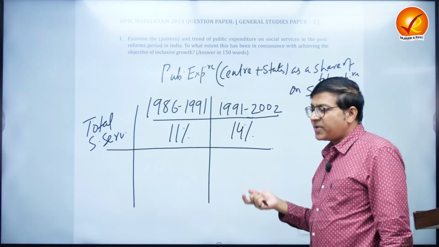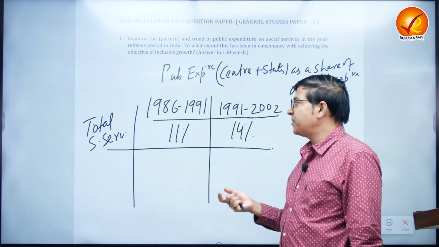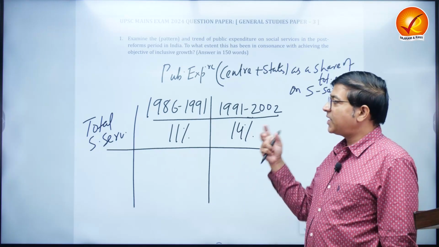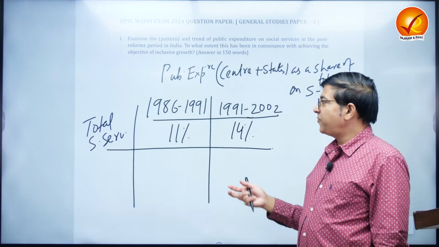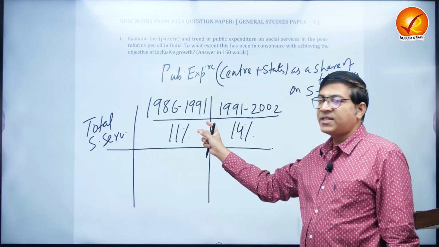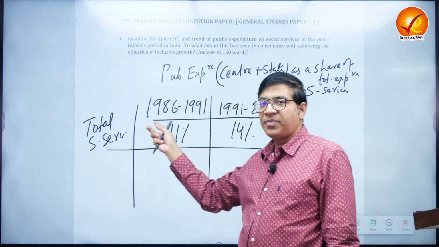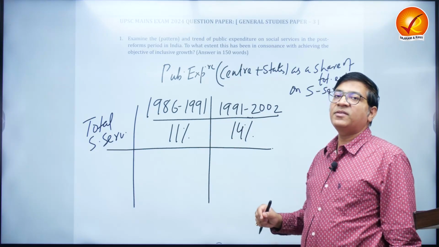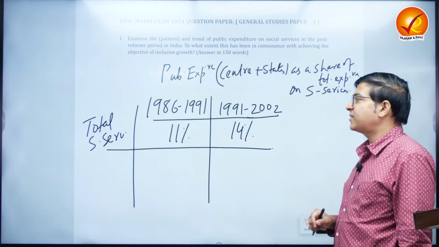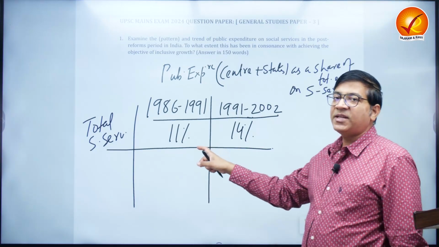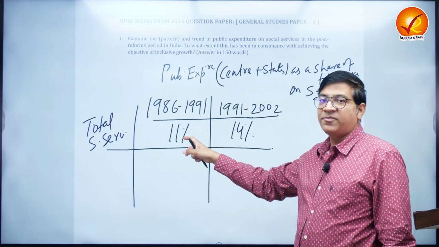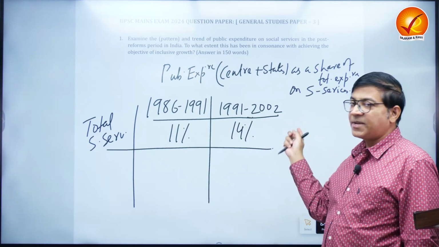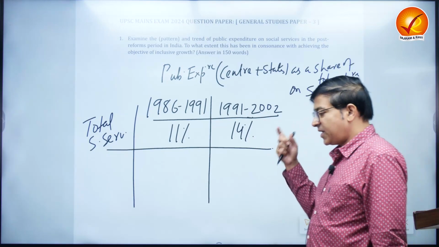Even if you don't remember the exact figure, the approximate can be remembered, and you should always link this with the other aspects of the economy. Don't forget, the late 1980s is a time of building up to the BOP crisis. In any case, the government was under a lot of fiscal pressures. By that logic, it is likely that the expenditure would be less compared to when the post-crisis time period comes in, when the economic reforms started.